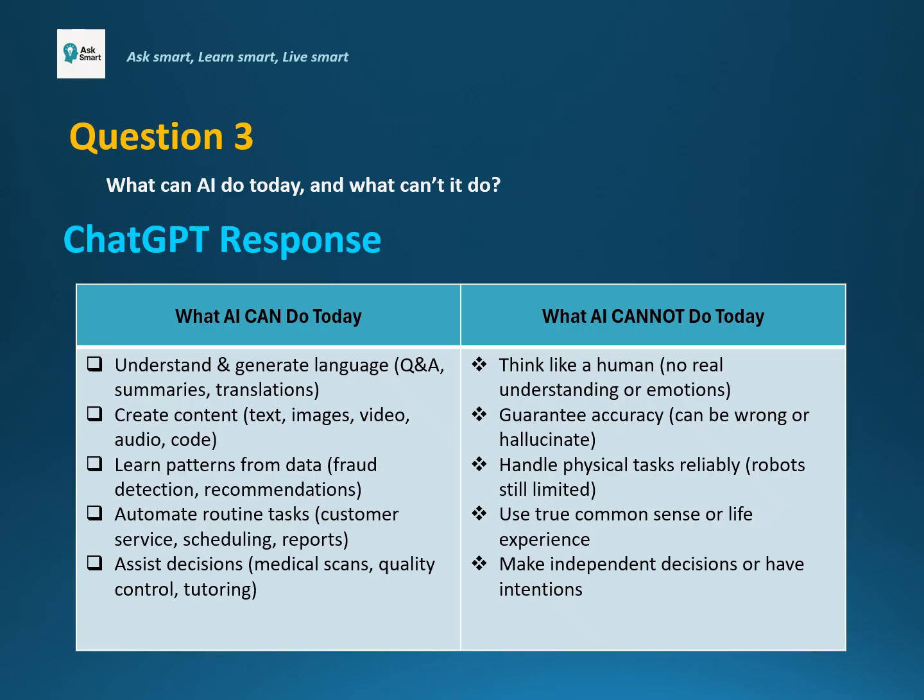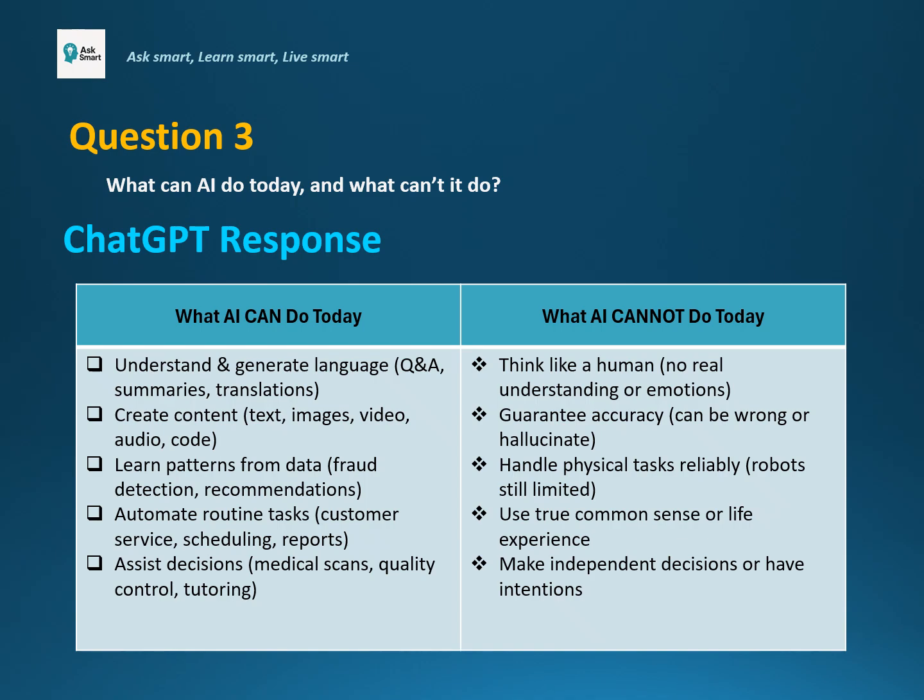But AI also has clear boundaries. It can't think like a human. It doesn't have real understanding or emotions. It cannot guarantee accuracy, and sometimes it can be confidently wrong. AI also struggles with reliable physical actions. Robots are still limited in real-world tasks. It lacks true common sense and the kind of life experience that humans use every day.